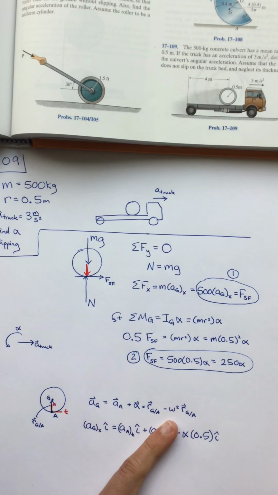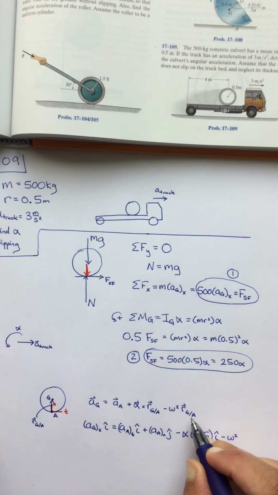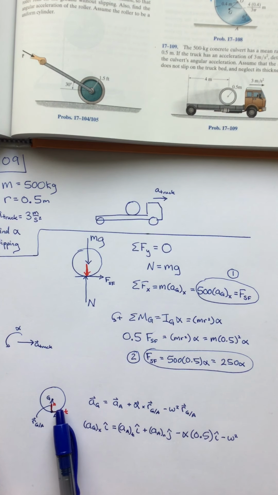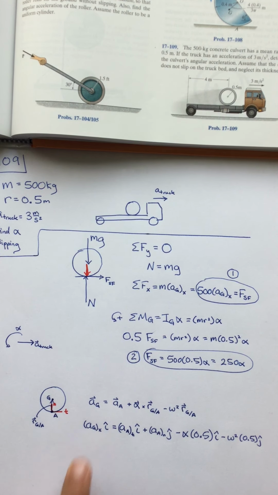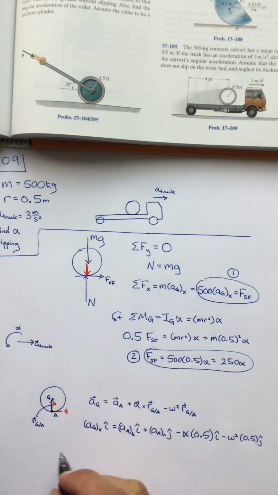Then I have minus omega squared, and this vector here that's going in the j hat direction has a magnitude of 0.5, so that's 0.5 in the j hat direction. Now thankfully, because we're looking for a relationship between the x component of the acceleration of the mass center and the angular acceleration, we just have to look at the i hat components.